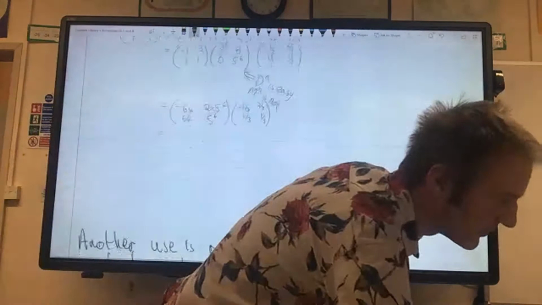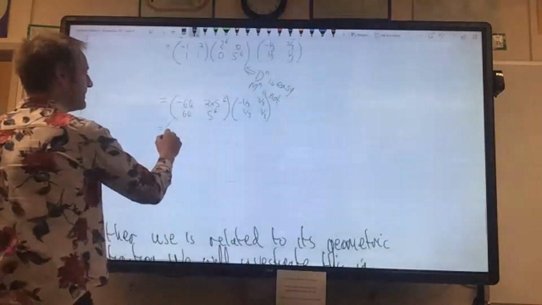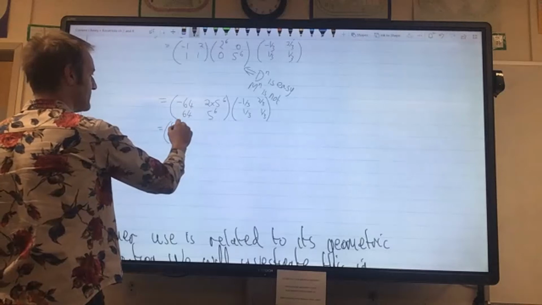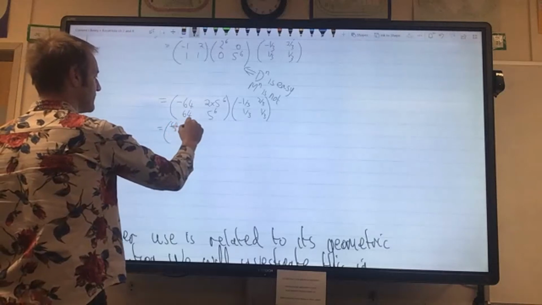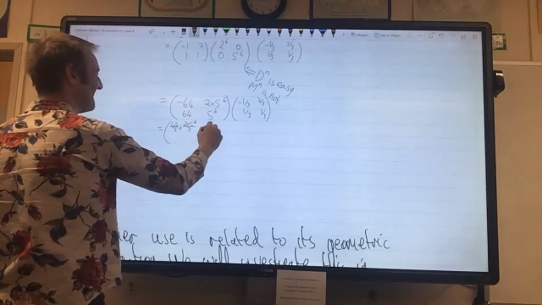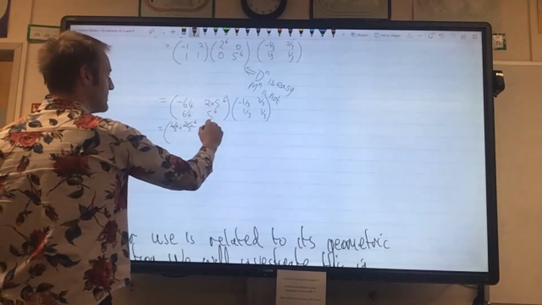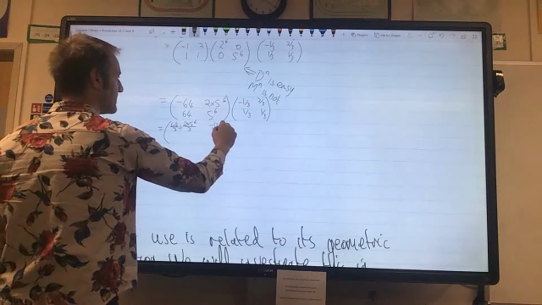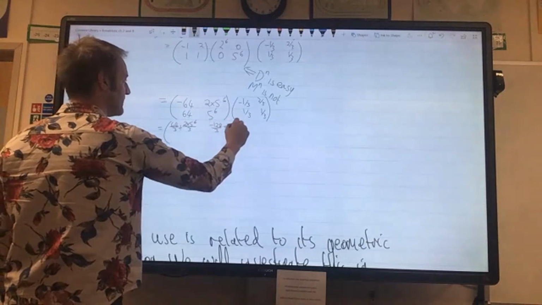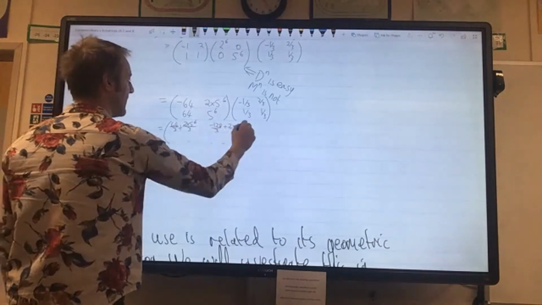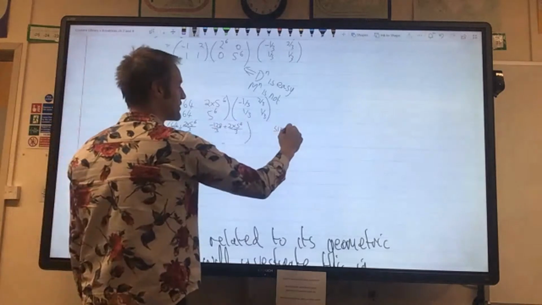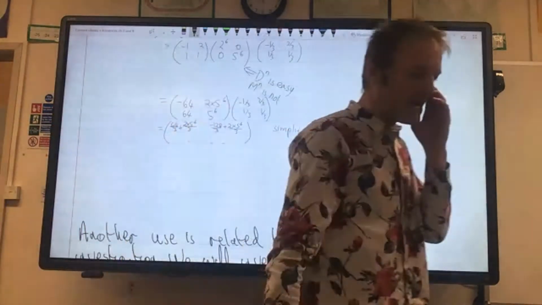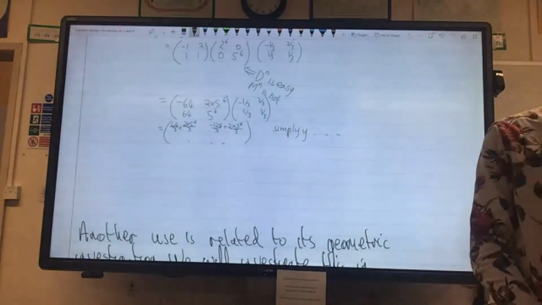And then that's equal to 64 over 3 plus 2 times 5 to the 6 over 3, minus 128 over 3 plus... I'm not going to. And then you can simplify, you can factorise. It's straightforward enough to do.